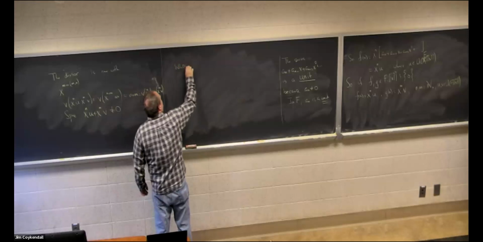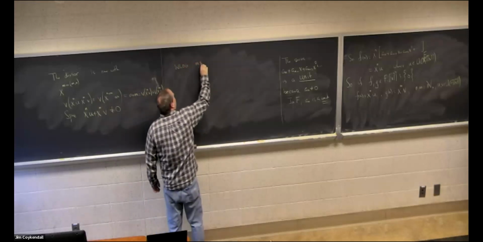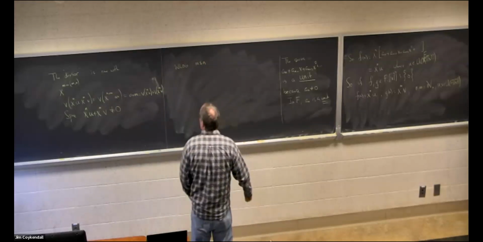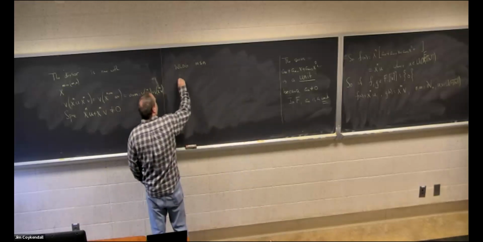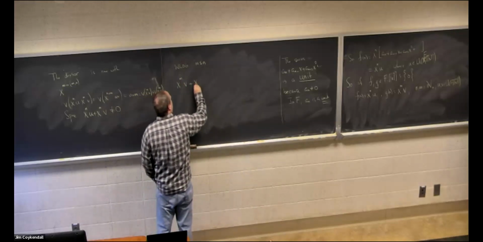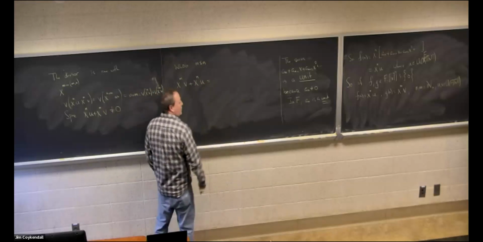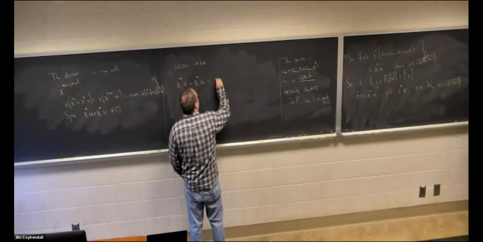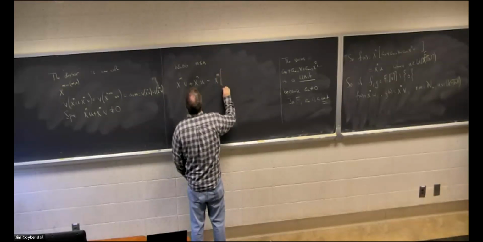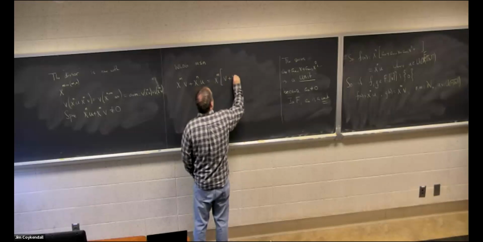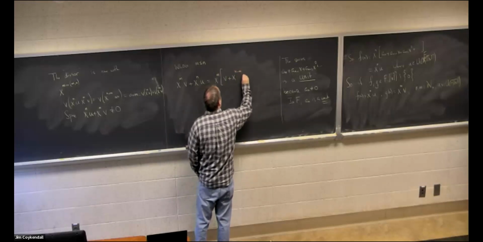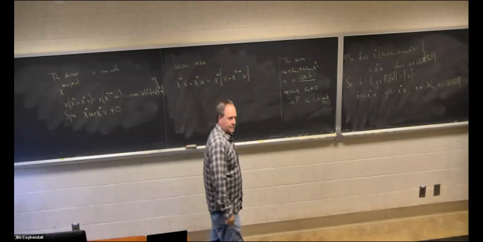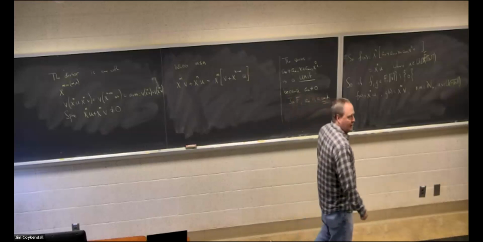Without loss of generality, let's say that M is less than or equal to N. If I look at X to the M V plus X to the N U, when I add these up, this is X to the M times V plus X to the N minus M U. Everybody okay?